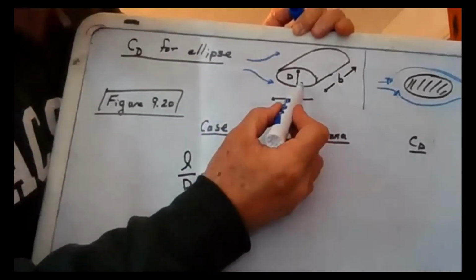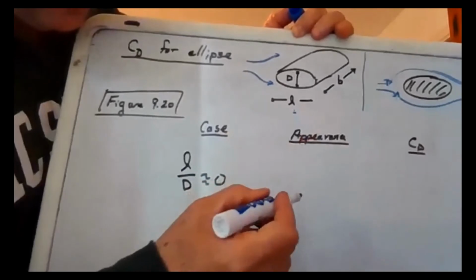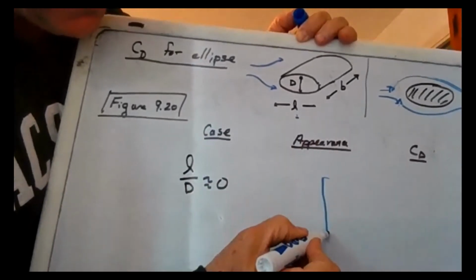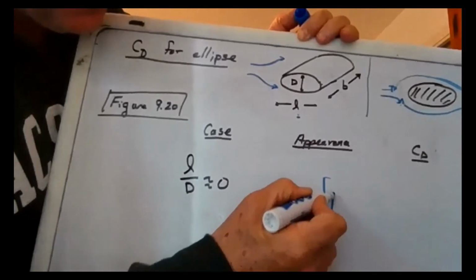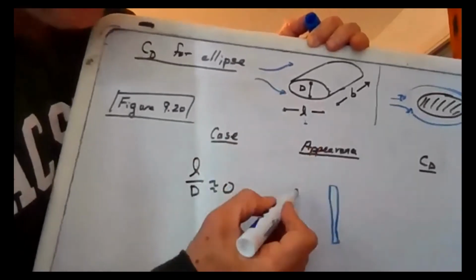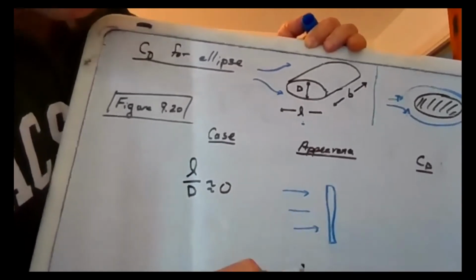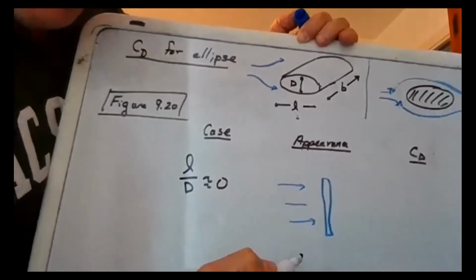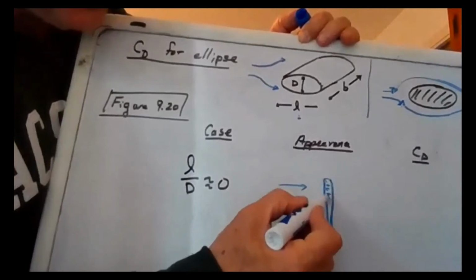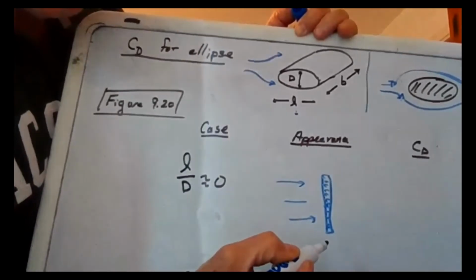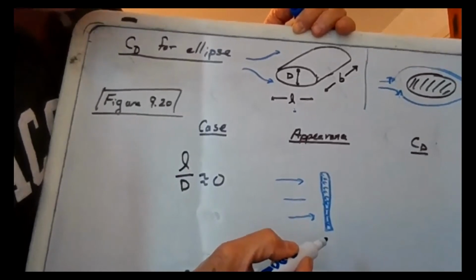What's this ellipse going to look like? It's basically going to look like a flat plate, because L is very small and D is a certain distance. And we've got the flow coming in like this, so we have a flat plate that's normal to the flow. So for these examples we're going to use that solid curve.